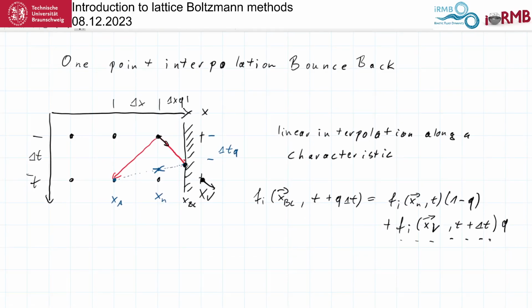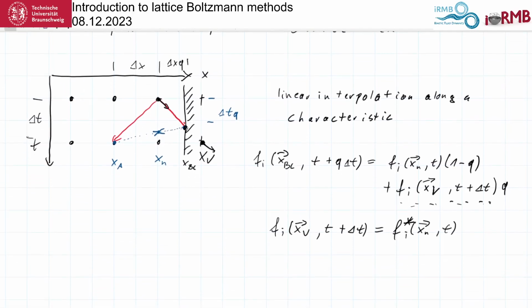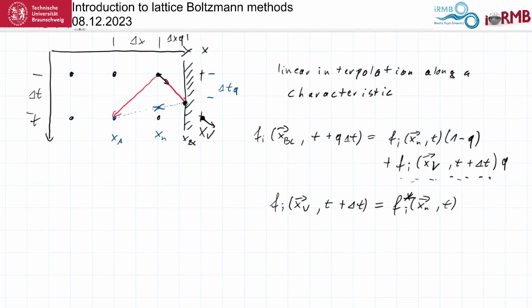Now, the important thing is we know what this is, because the pre-collision state inside the wall at a later time step obviously is the post-collision distribution at the node before the wall at the current time step, right? Pretty simple. So we can do this replacement. And this leads us to our equation that I called 1 now.